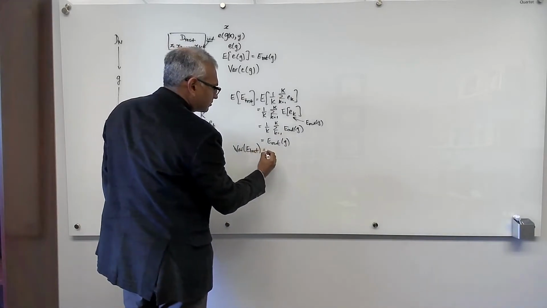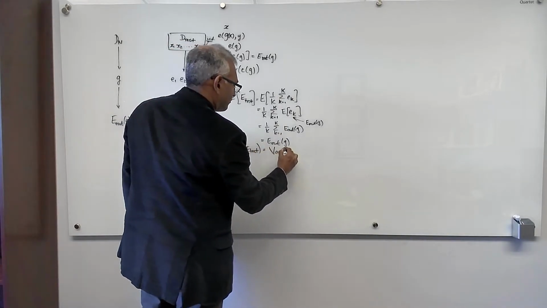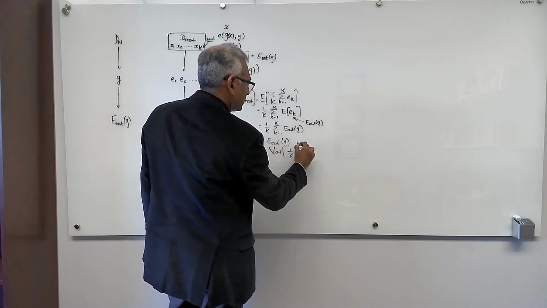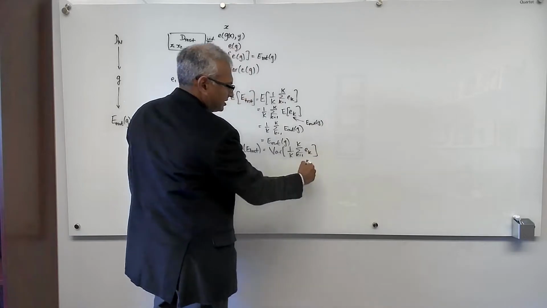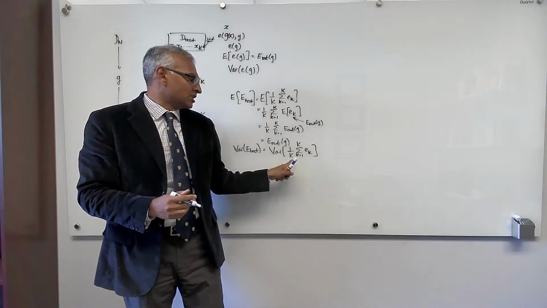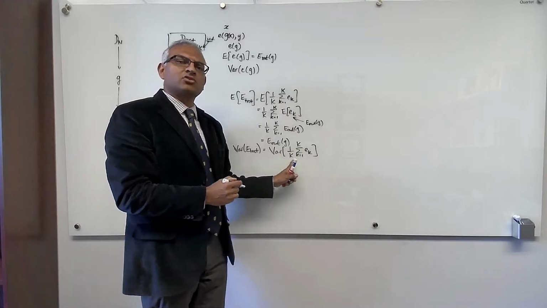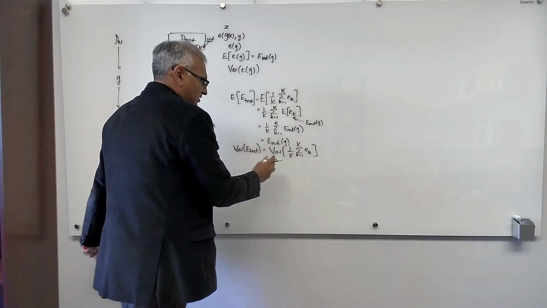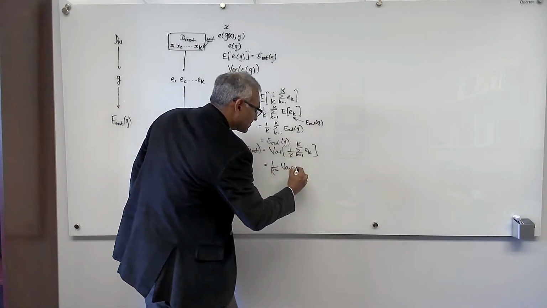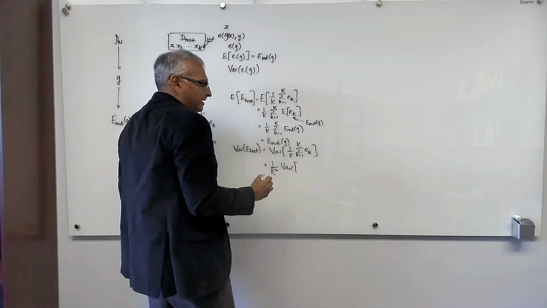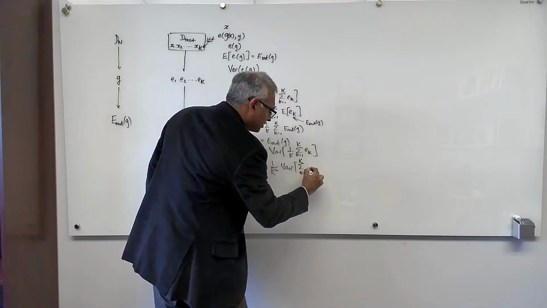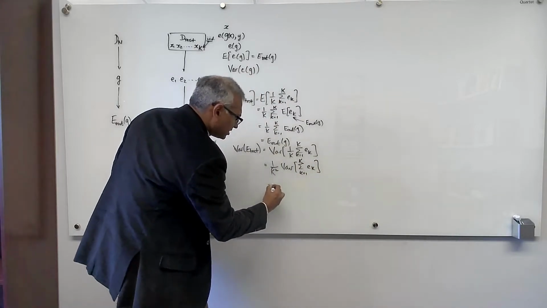Okay, now this is equal to the variance of what? Of 1 over K, the sum from k equals 1 to big K of e_k. That's E test. Okay, now you need to know something about variances. The variance of a scalar multiple of something is this scalar multiple squared times the variance of what it's multiplying. So this is 1 over K squared, the variance of the sum from k equals 1 to big K of e_k.